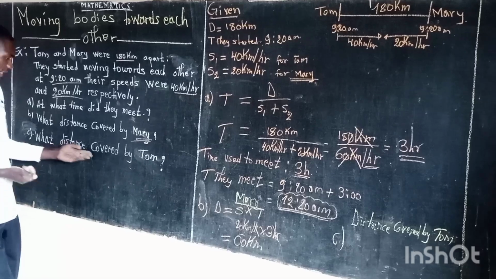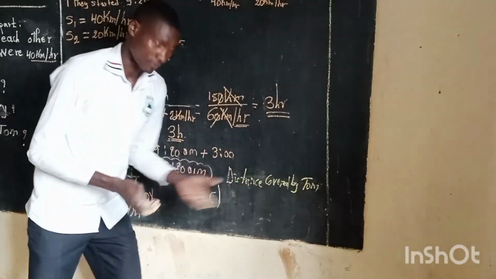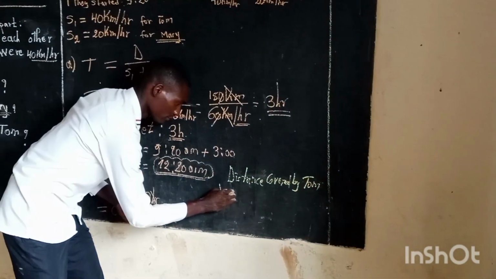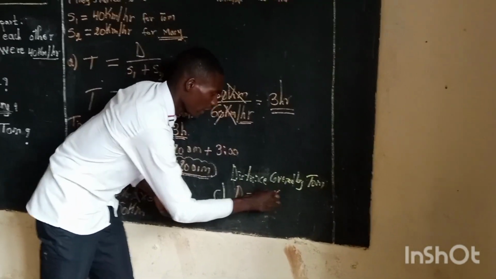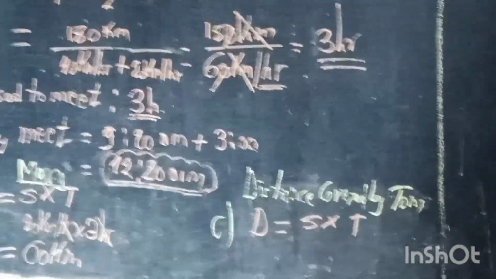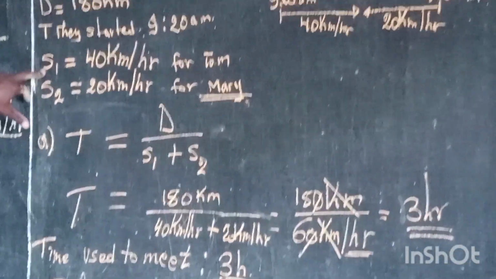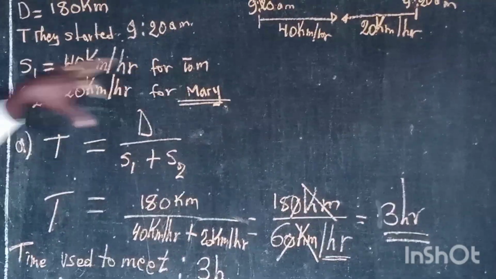What distance is covered by Tom? It is what we are going to calculate here. The distance, remember that it should be speed times time. And as we know, we go back in our given and we check whether we have the speed of Tom.